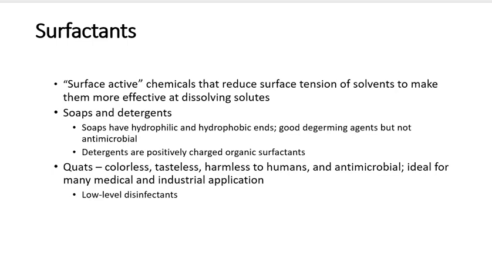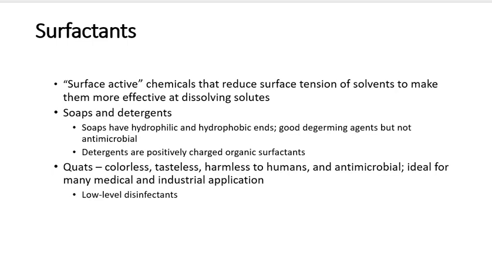Surfactants. A surfactant is something that basically reduces the surface tension of something. Like if you wet your hands and you put your hands together and try to pull them apart, it's harder to pull them apart because the water has this surface tension. Surface tension is what allows a little insect to walk over the top of water.